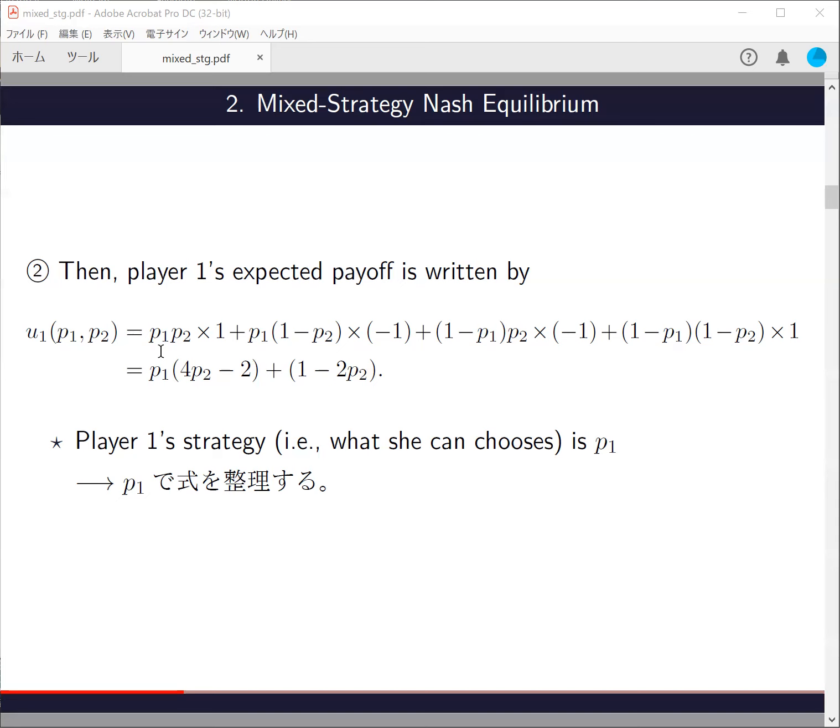This means that the expected payoff of player 1 is linearly increasing or decreasing or not changing at all, depending on the value of P2. We now consider each of the three possible scenarios to derive best response correspondences of player 1 in this game.